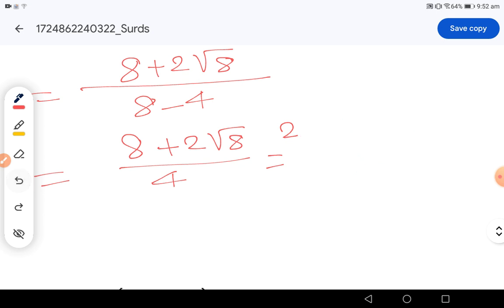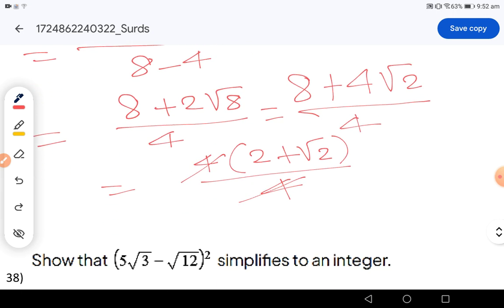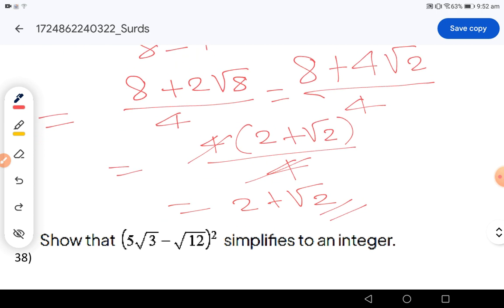Here, this one can be written 8 plus 2 into 2, 4 root 2 by 4. So now 4 is common, so here 2 plus root 2 by 4. So 4 cancelled. So the answer is 2 plus root 2.